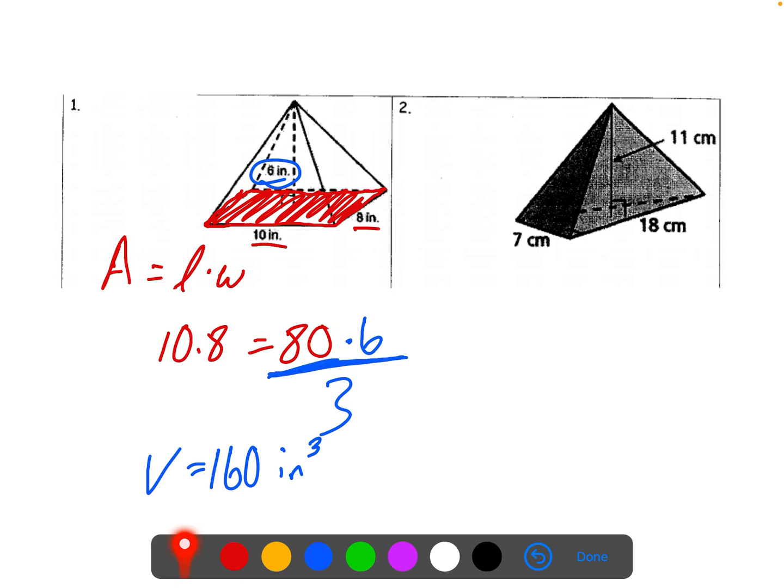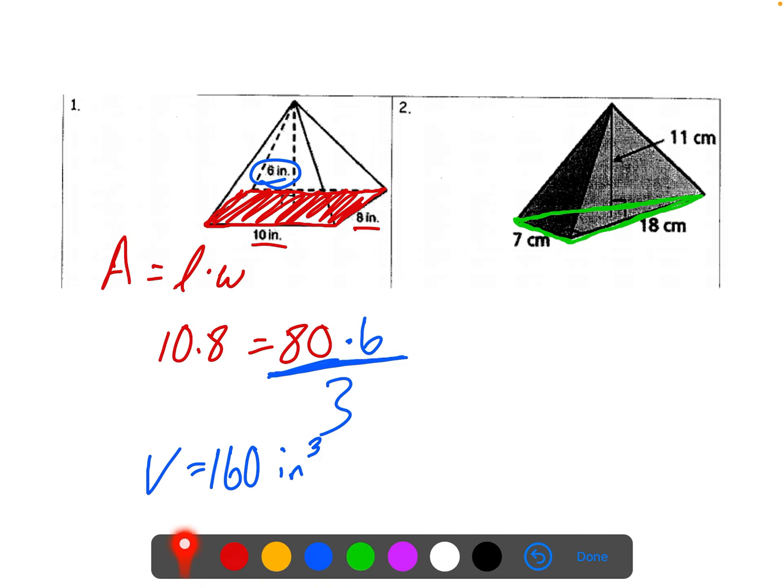the same process would be applied here to this next figure. The difference is we have a different shape. So it's still a pyramid, but if you look closely, and this copied a little dark, our base is actually right here. It's a three-sided base, a triangular base. So this is a triangular pyramid.